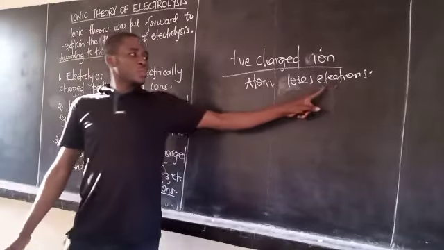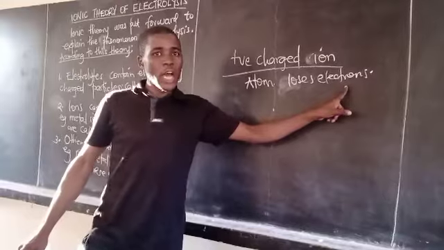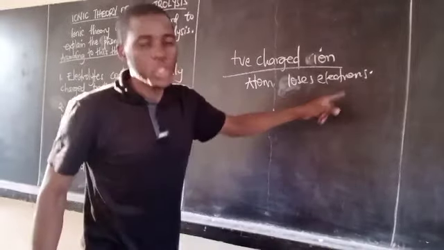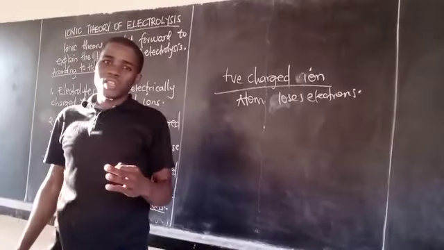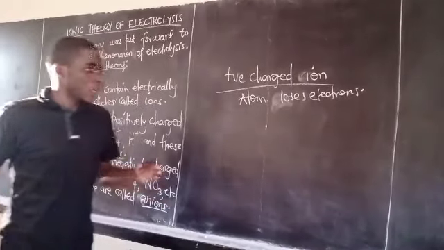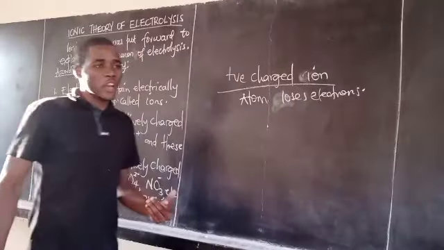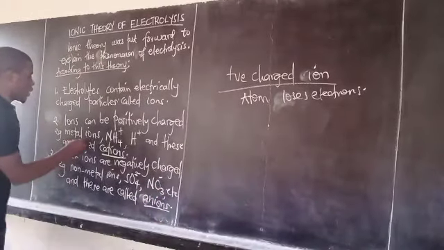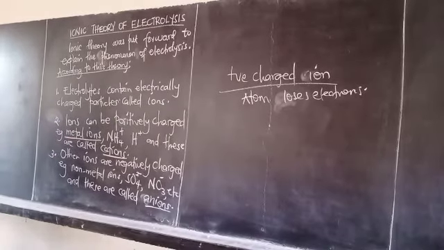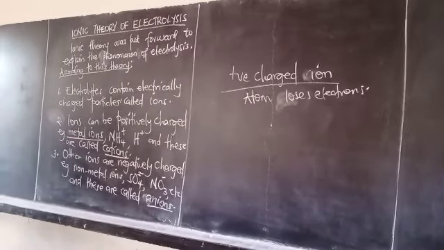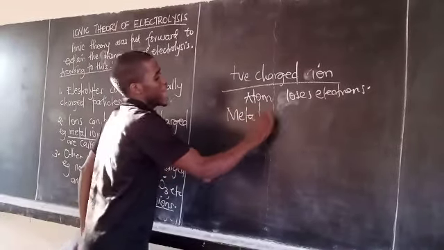For an atom to lose electrons, the number of electrons in the outermost energy level should be either 1, 2 or 3. And when we have that type of electronic configuration, those are always metals. So when we talk about cations, or positively charged ions, those are always metal ions.